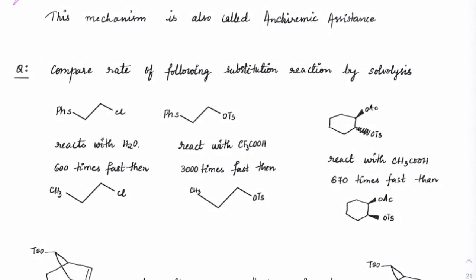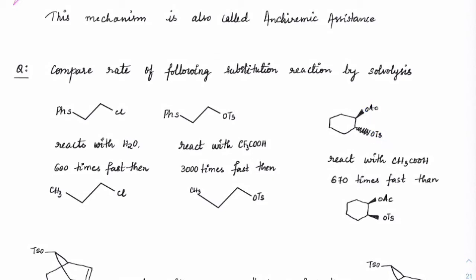Where it has started getting its importance is when these kinds of reactants, if you check out, PhS is connected at this end, and on the other end chlorine, which is a better leaving group, is connected. Similarly, OTs, which is a better leaving group, is connected, and here also OAc and OTs are connected.